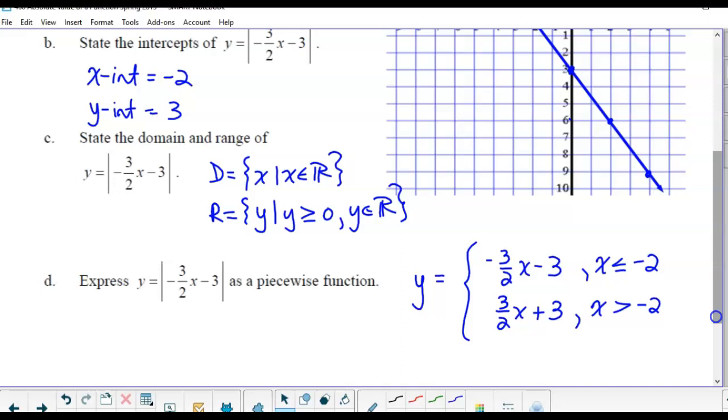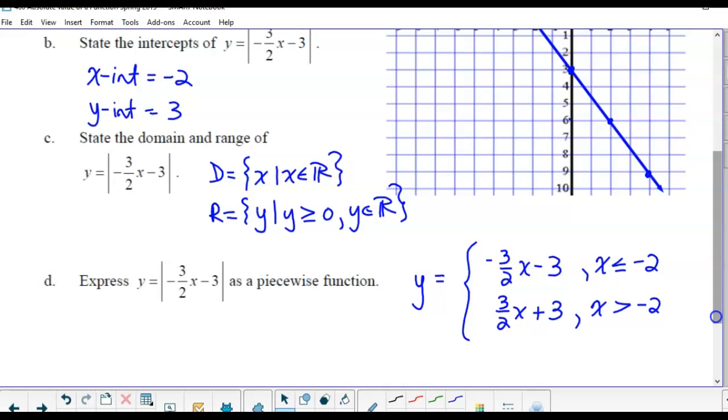So you can do piecewise for other functions, and you will, especially when you get to calculus. This is piecewise for an absolute value. And so just remember it as whatever's inside the absolute value is one of your pieces. It's not going to change. Then the opposite sign of what's inside the absolute value is your other one.